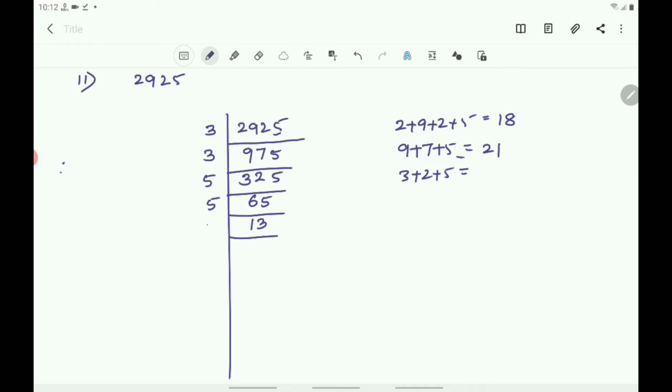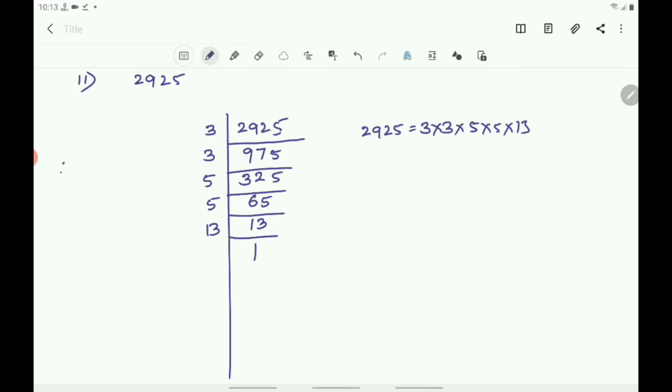Again you got 13, 13 1s are 13. Next you write the factors. That is 2925 equals, what are the factors? 3 into 3 into 5 into 5 into 13 you got.